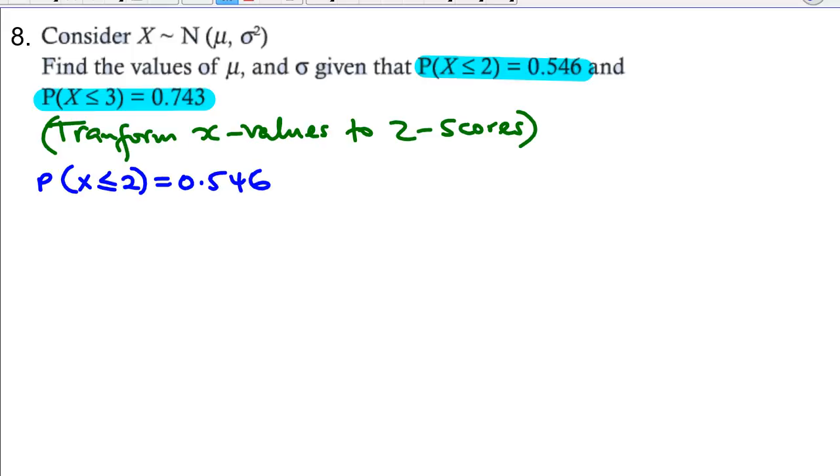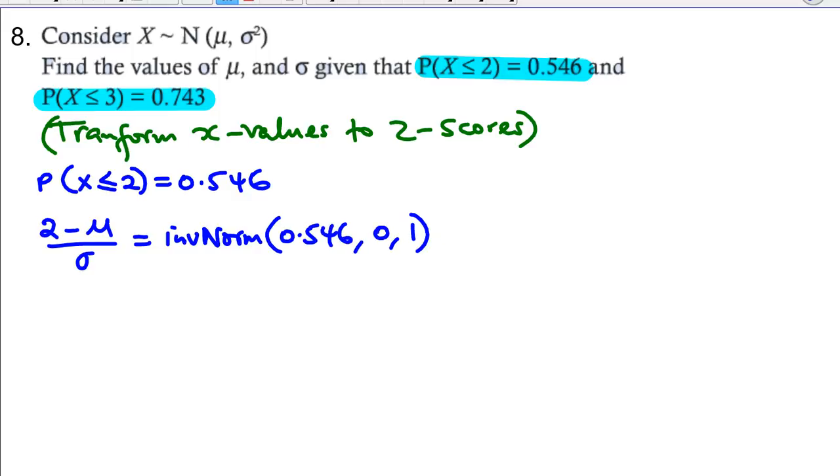So which means that 2 minus the mean divided by the standard deviation, we don't know what they are, will be equal to inverse normal of the area, which does not change, 0 and 1. Now if you plug that in your calculator, you'll get 0.1156.